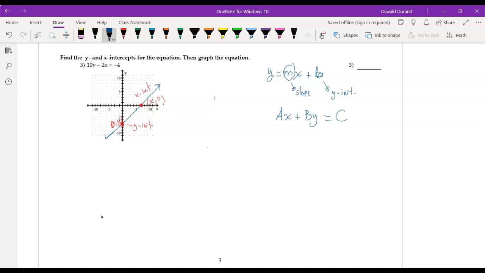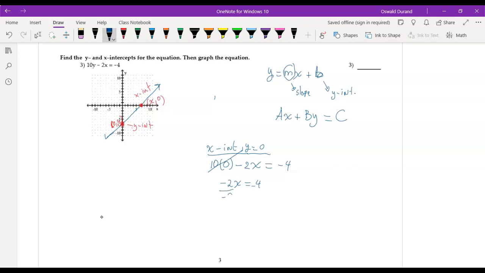Now let's find the x-intercept, and that means y equals 0. So we have 10 times 0 minus 2x equals negative 4. 10 times 0 is 0, so I'm left with negative 2x equals negative 4.